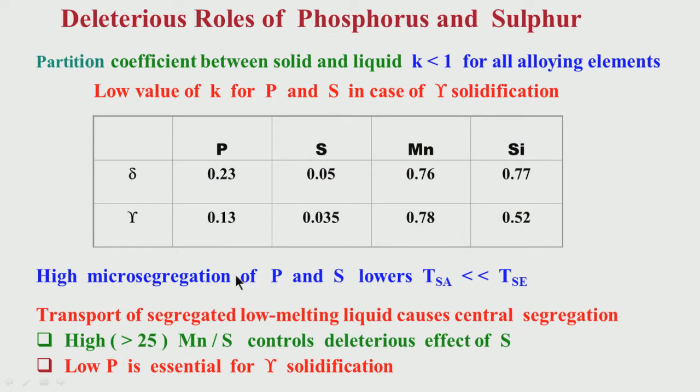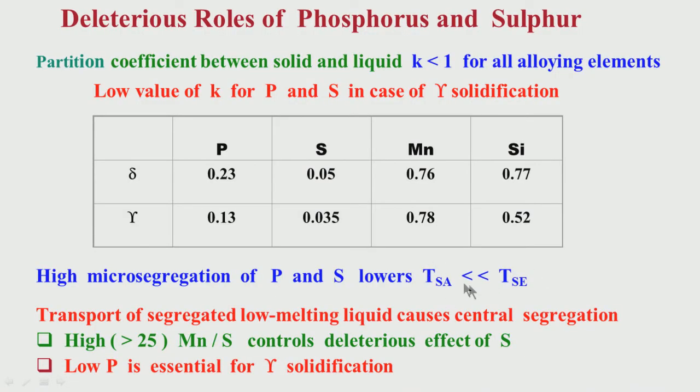The impact is this: high microsegregation of phosphorus and sulfur lowers the actual solidus temperature compared to the equilibrium solidus. I have been telling this repeatedly: not only is there segregation, but the impact of segregation is that the actual solidus is lowered compared to the equilibrium solidus.